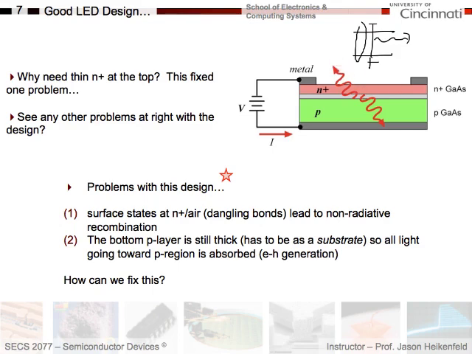But there's a couple problems with this simple design. The problems are as follows. First off, the emission layer here ends up being very close to the surface here. And if you think about the surface, that's the edge of the semiconductor, and at that point you've got a bunch of bonds which are just left completely open because there's no more semiconductor at that point. So the semiconductor is totally defective at the surface because the crystal ends there.